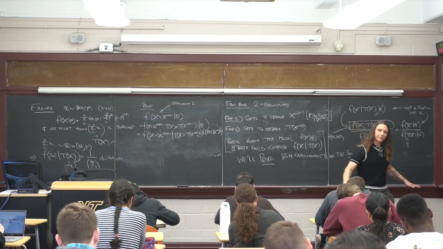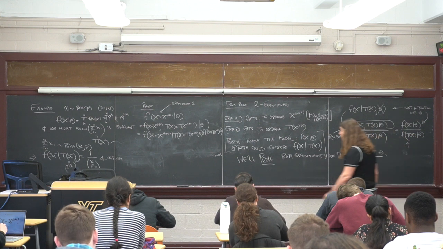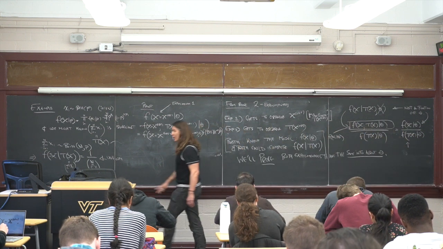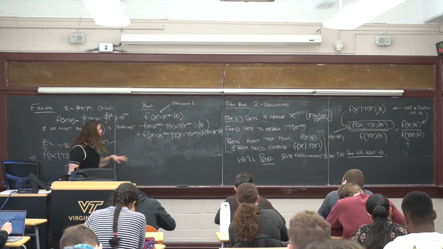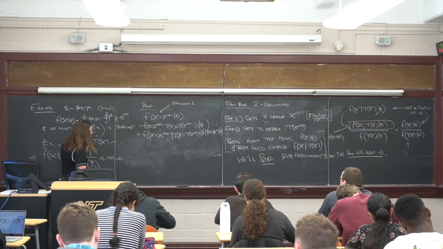That's true regardless of anything. That's just a probability rule. It's just our rule for conditional probabilities. Regardless of anything I've written on the board, I would accept this at face value. This is just always true.